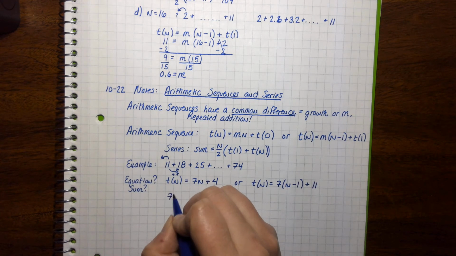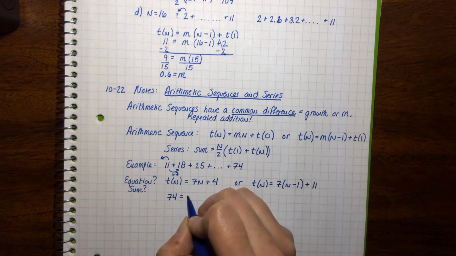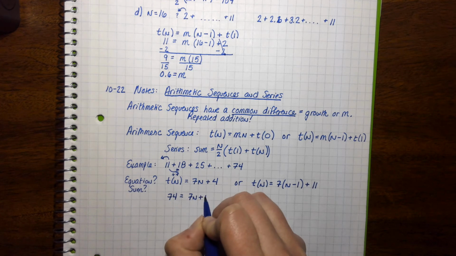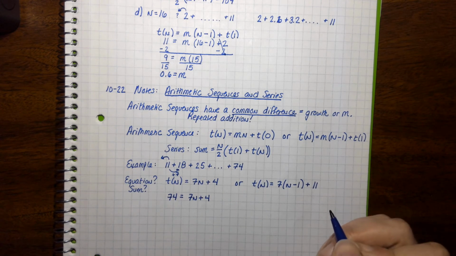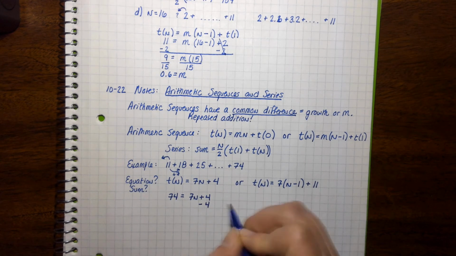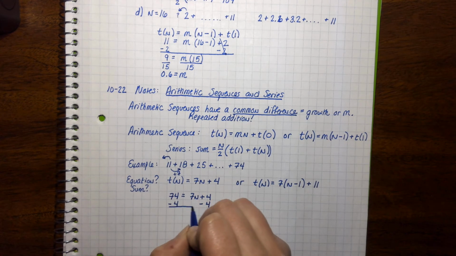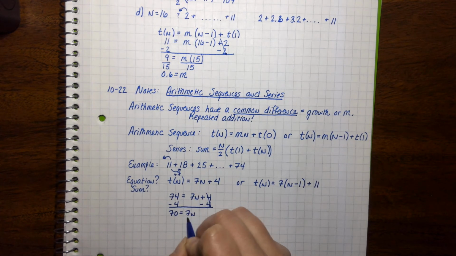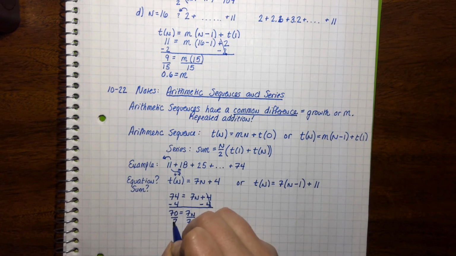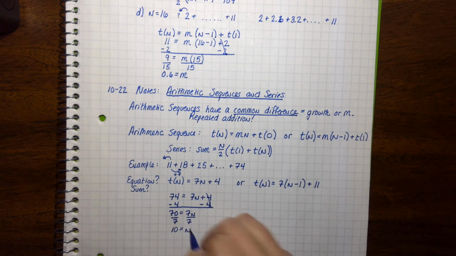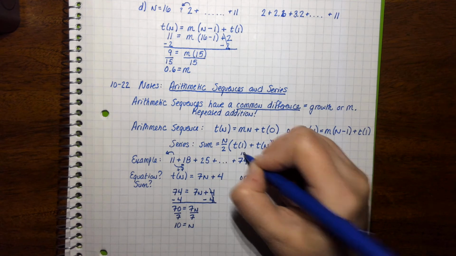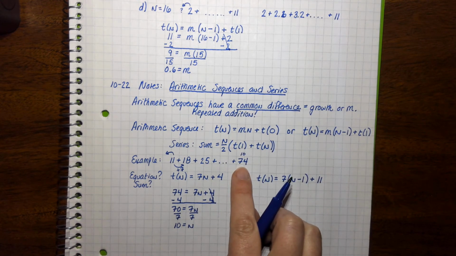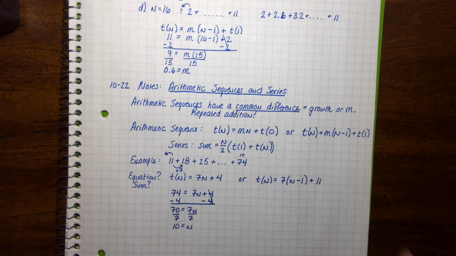So 74 equals 7n plus 4. Oh, I like the looks of this. 70 equals 7n. 10 equals n. Okay, so what that means is 74 is 10 numbers out.